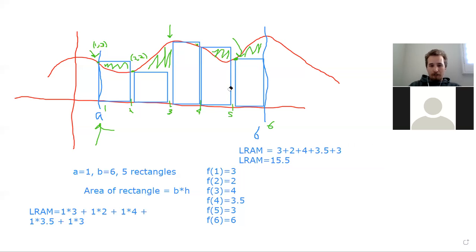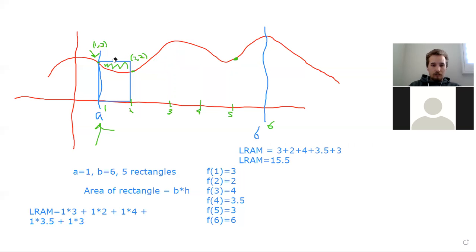And so now we're making different rectangles. Now we're doing it from the rightmost point. So now our rectangles are different. We're going to end up getting different rectangles.